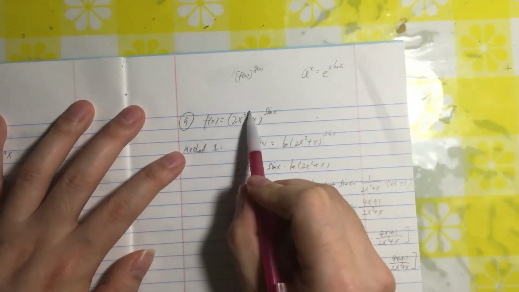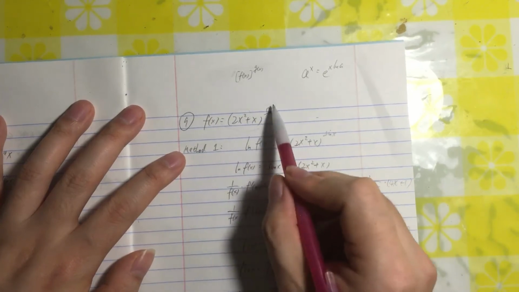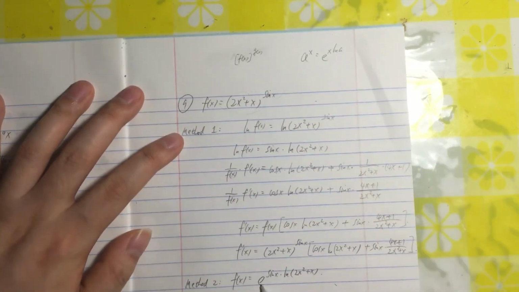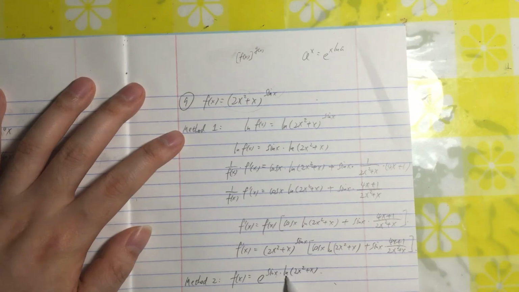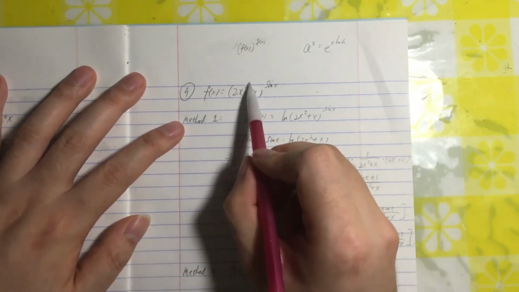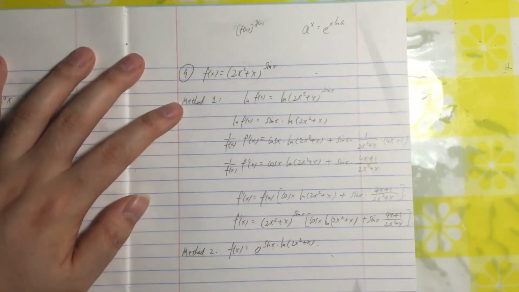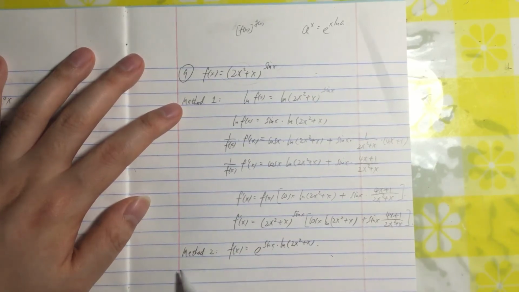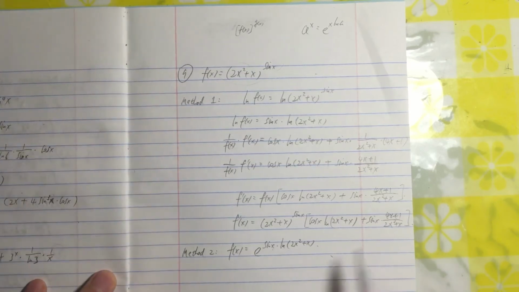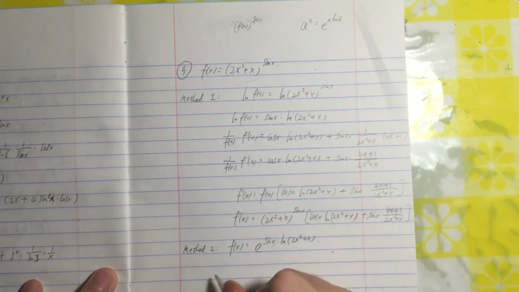Here I treat this as a, and this as x. I get e to the power of x times ln of a. So first of all, I rewrite the function for the second method, using base e by the definition of the general exponential function. Next, take the derivative of this function.